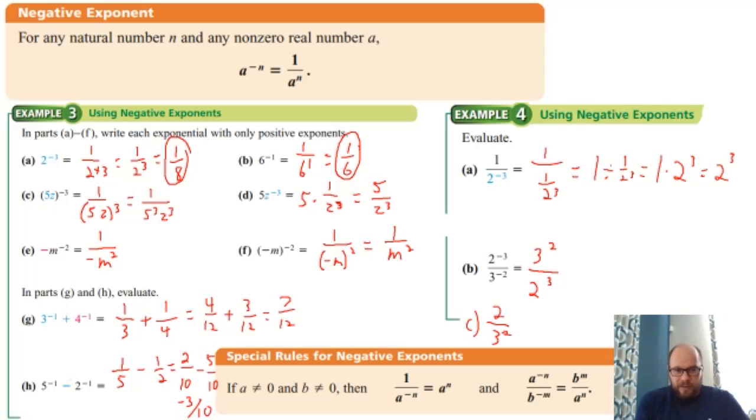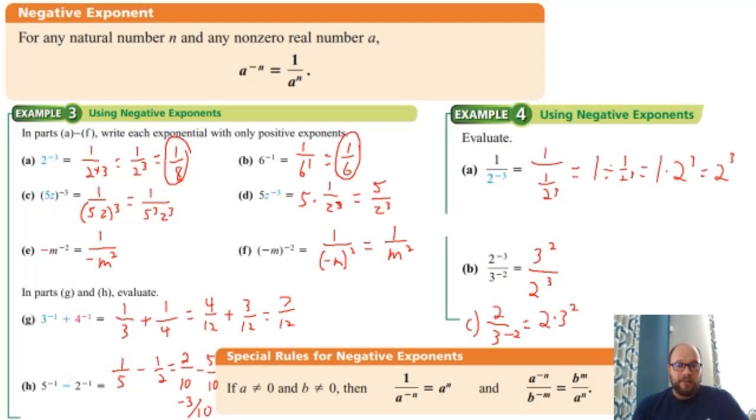Let me make that a little bit clearer. So that's a -2. Well, what's going to happen here? The whole thing isn't actually flipping. There's no negative on the 2 on top, so the 2 essentially stays on top. The 3 will now also be on top.